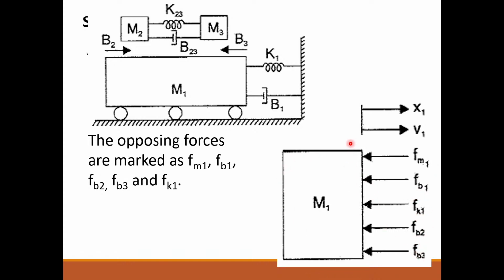So to this square or rectangular box, you just put an arrow mark. It may be towards the box, or pointing away from the box. Direction is not important. Write down FM1, FB1, FK1, FB2, and FB3. So this is the free body diagram of mass M1.